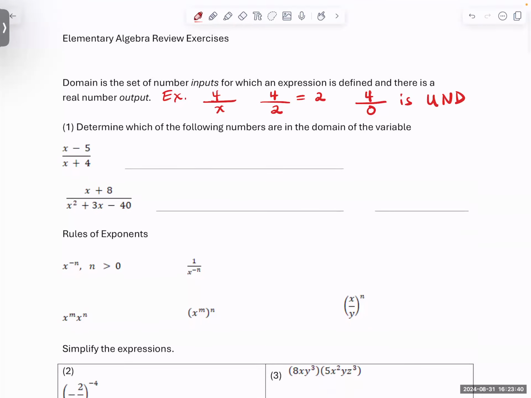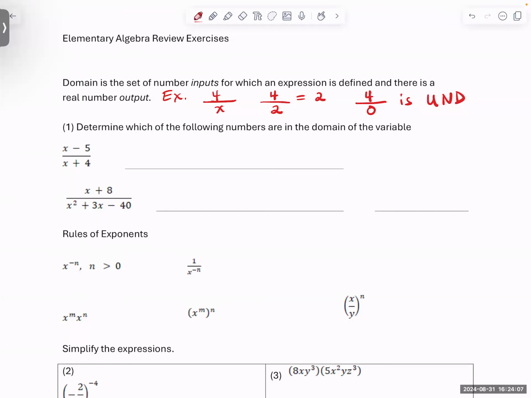Number 1, determine which of the following numbers are in the domain of the variable. So generally, the working set is the set of all real numbers. So this rational expression is defined for all real numbers except a number which would make division by 0, or the denominator equal to 0.